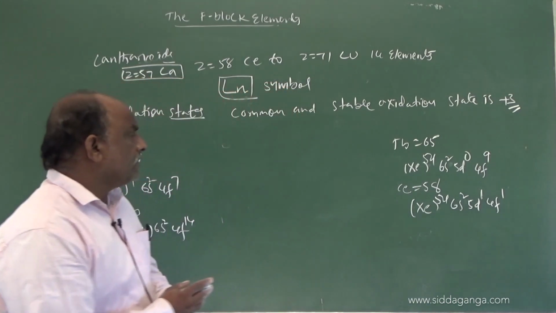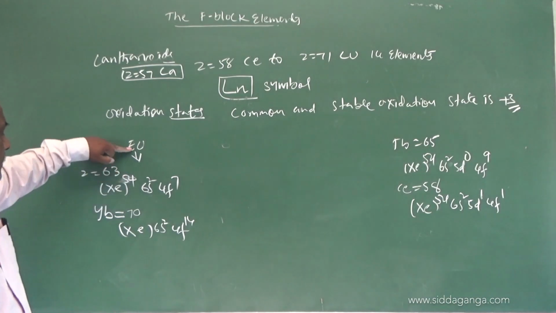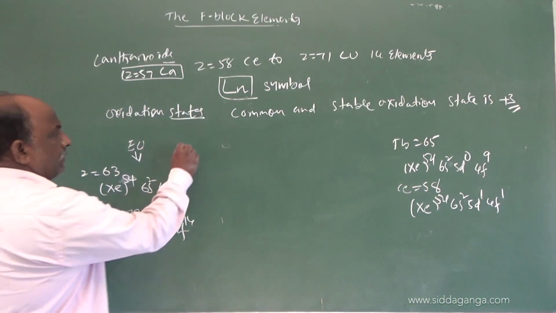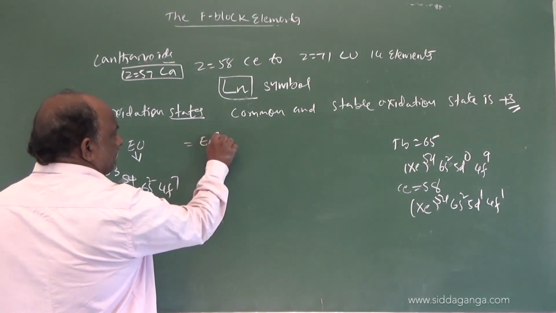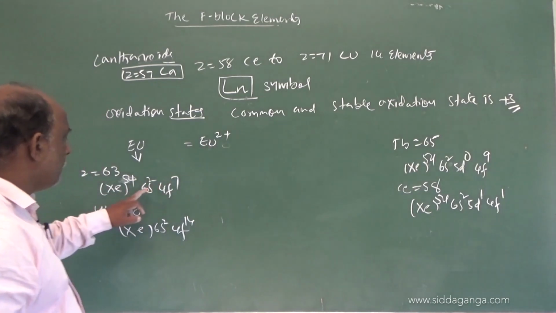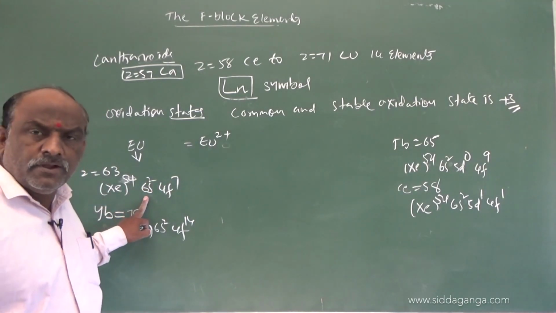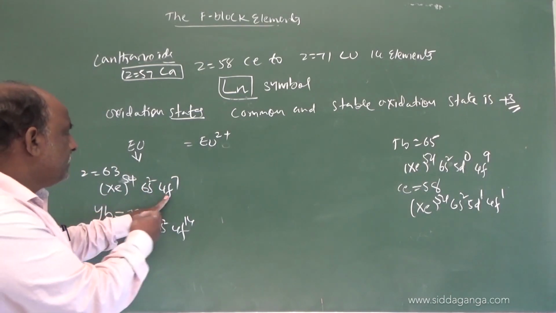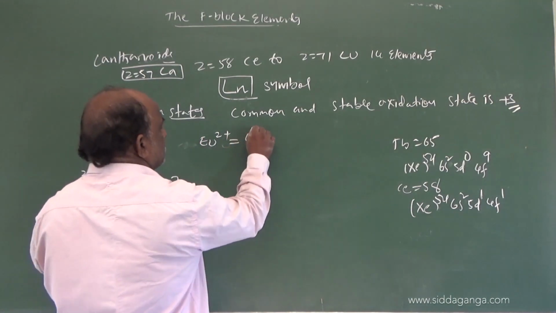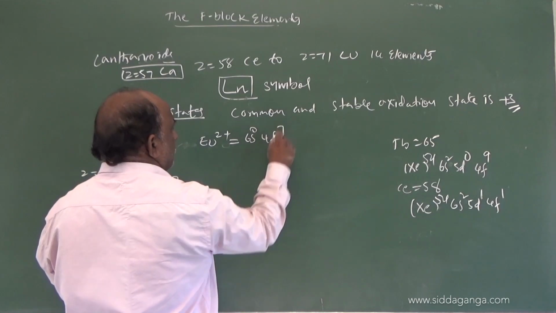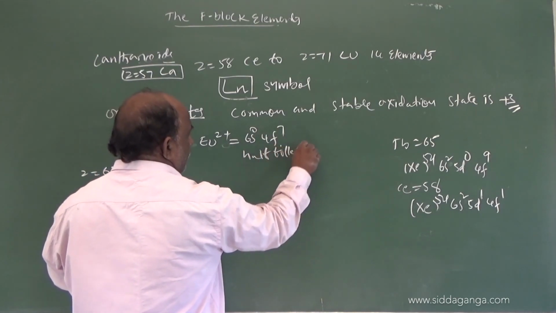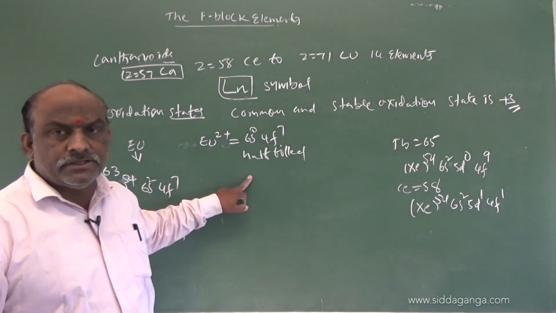Here according to the electronic configurations of europium and terbium, we want Eu2+, europium 2 plus. Europium 2 plus means removal of 2 electrons from the s orbital. What will be the configuration? Eu2+ configuration is 6s0, 4f7. It is a half filled electronic configuration.